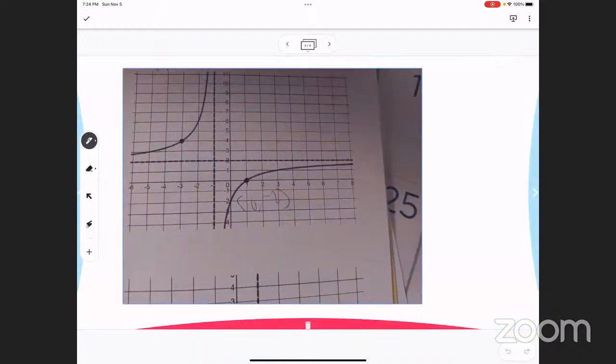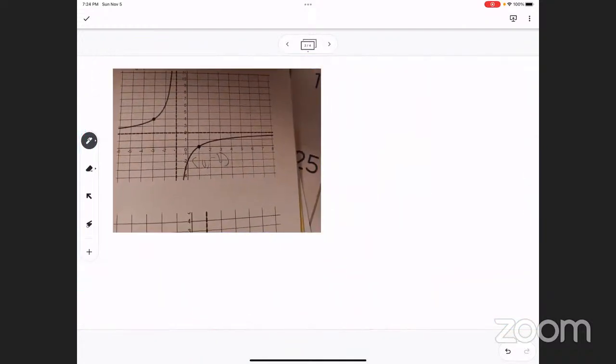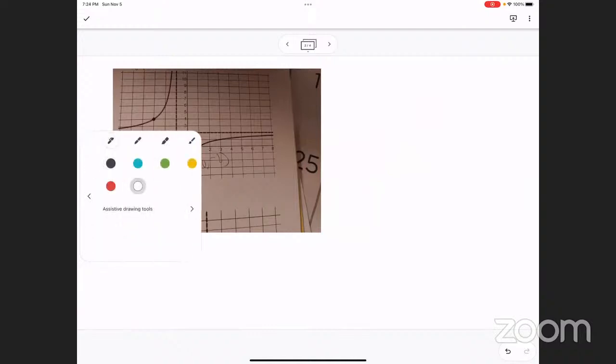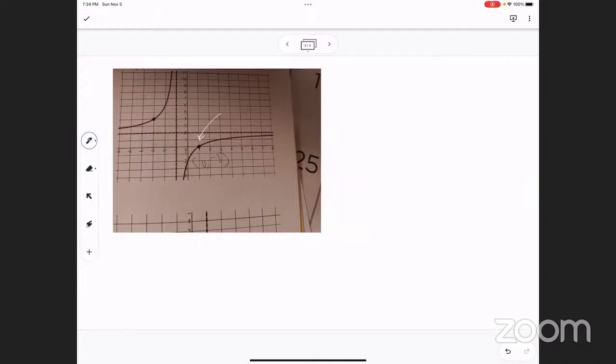Make sense? Yeah. All right. So on the next page, stop me if I'm going too fast, but you can see the points are: this point is 0 comma 1. Another point is negative 3 comma 4.